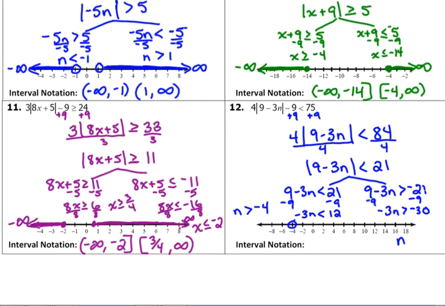Divide by negative 3, so flip the inequality, n is less than positive 10. So we're greater than negative 4 and we are less than positive 10. So we are in between. Anything between negative 4 and positive 10 will satisfy that inequality.